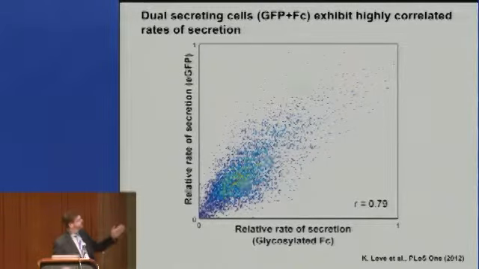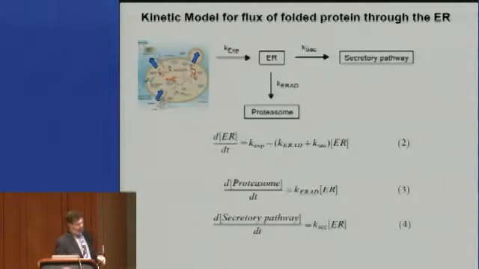All right, so given this observation and given what I've shown you about the populations, we went back and we modeled this transport process using simple ordinary differential equations to describe the accumulation of folded protein in the ER, governed by three parameters: translation, transcription, secretion or production, and then degradation or sequestration of the protein.